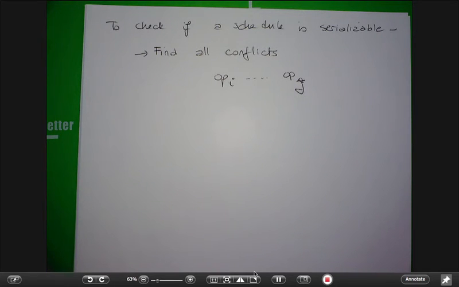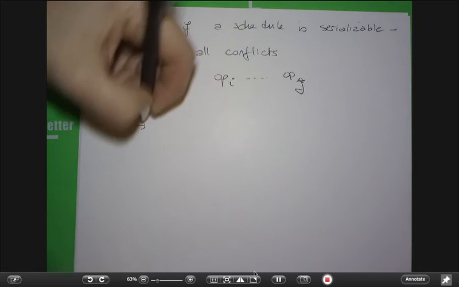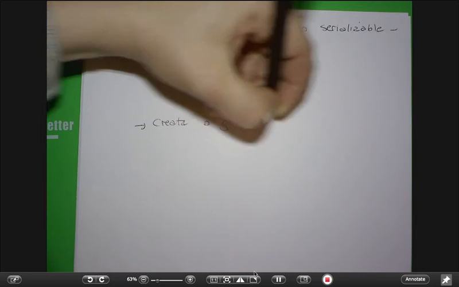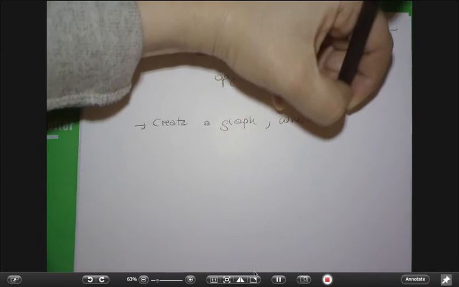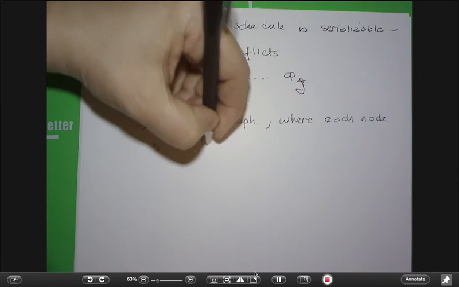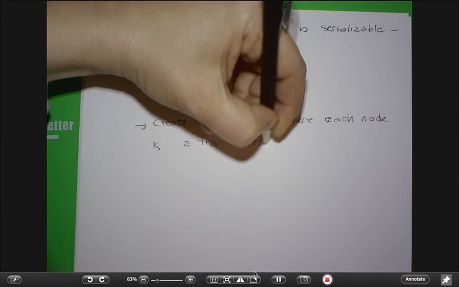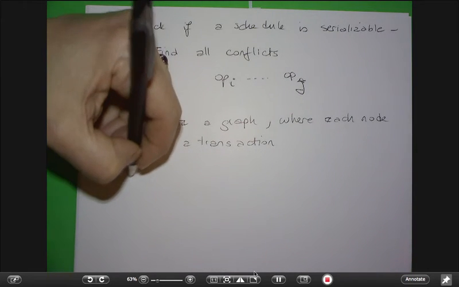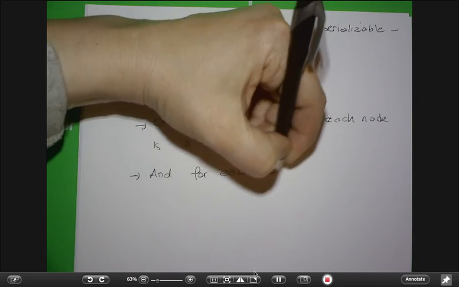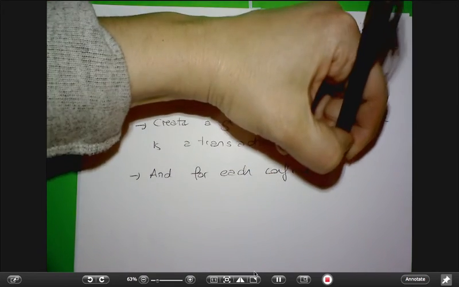That means that transaction I does something that conflicts with transaction J before, right? Then I'm going to create a graph where each node is a transaction, and for each conflict, there is an edge.